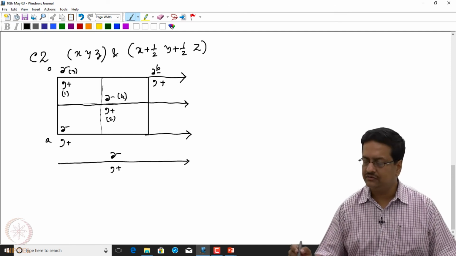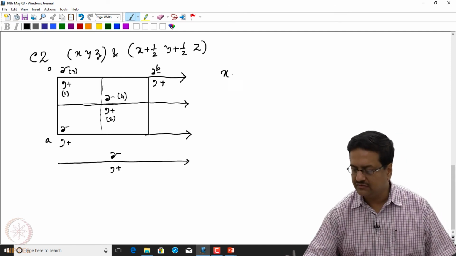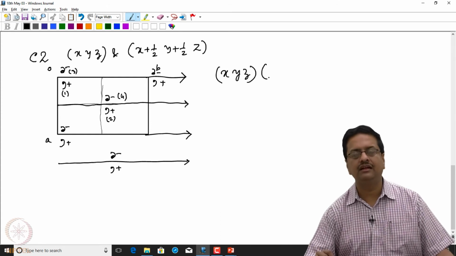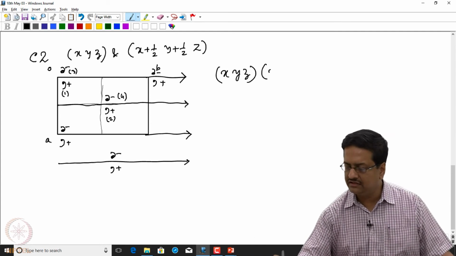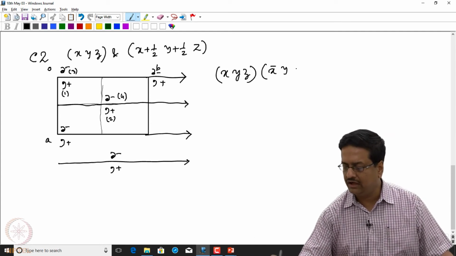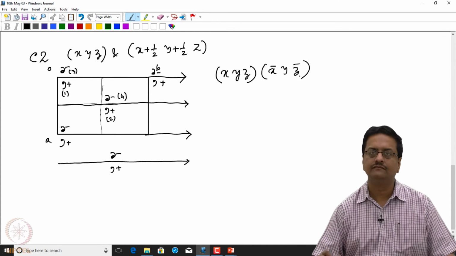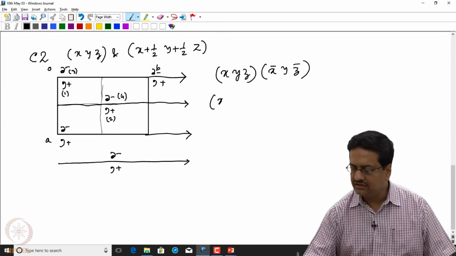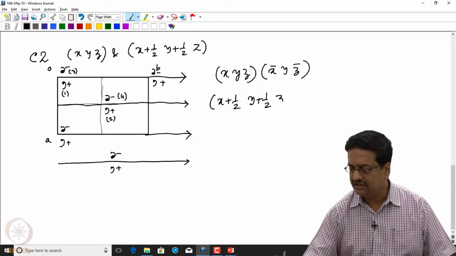What are those 4 equivalent points? We start with x, y, z. We apply a twofold on x, y, z, so we get x bar, y, z bar. We start with x plus half, y plus half, z.